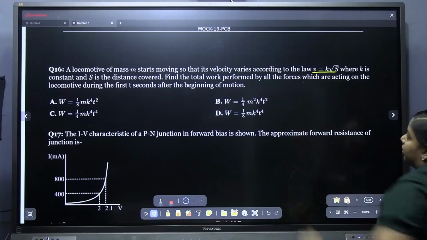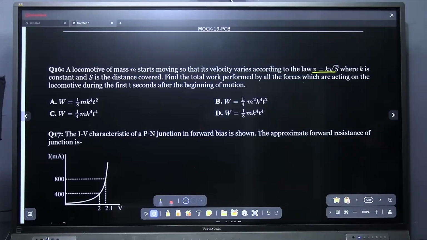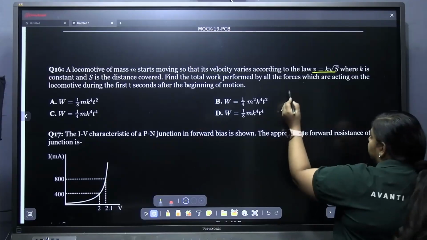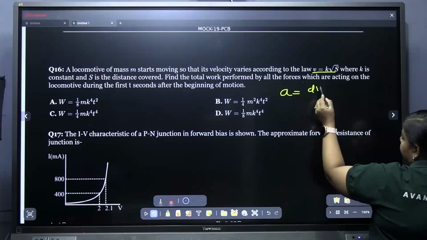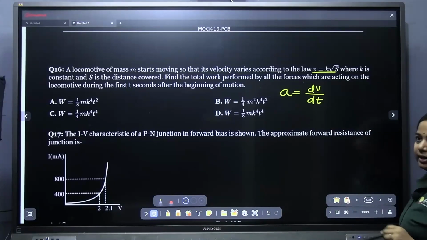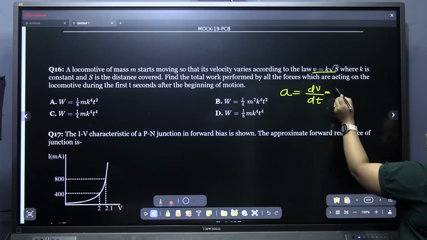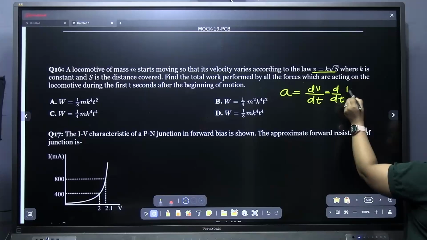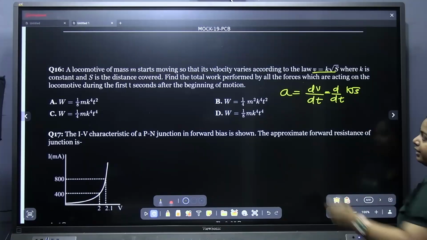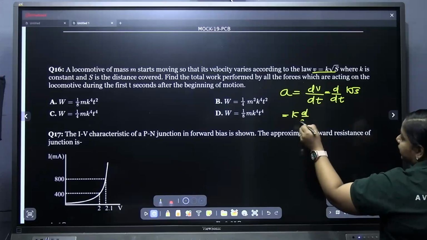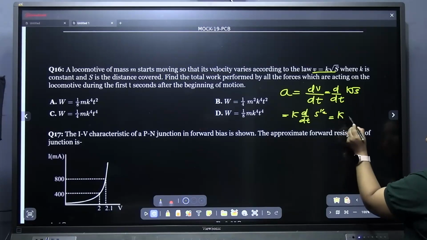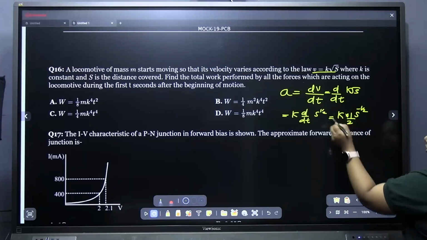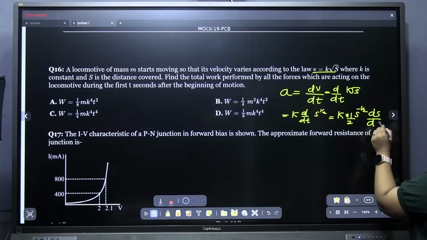See, V is given, it's equal to k root s. If I want to find acceleration, what will be acceleration? Acceleration is equal to dv by dt, right? Substituting it here, we will have d by dt of k root s. That we will get k d by dt of s to the power 1 by 2. This you will get k into 1 by 2 s to the power minus 1 by 2, then ds by dt.